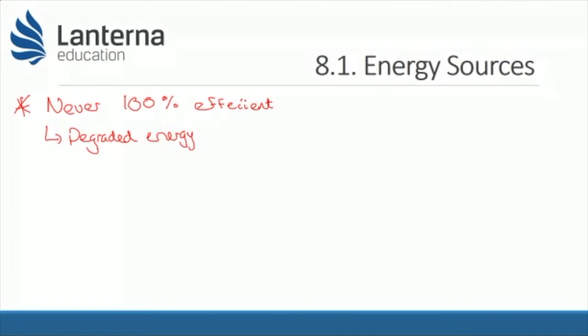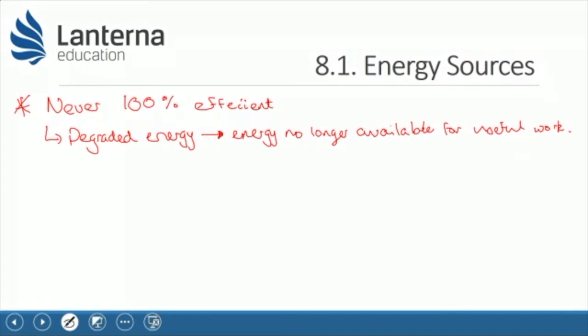And this term degraded is very specific in the IB. So what it refers to is energy that is no longer available for useful work. Now, hopefully from topic 2, you're happy with the idea that energy is never destroyed, it's always just converted into different forms.